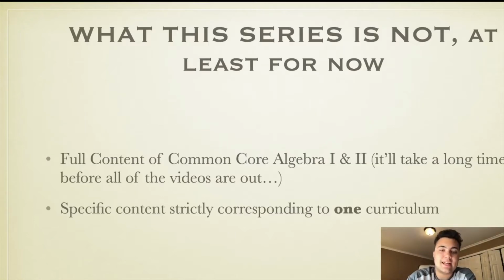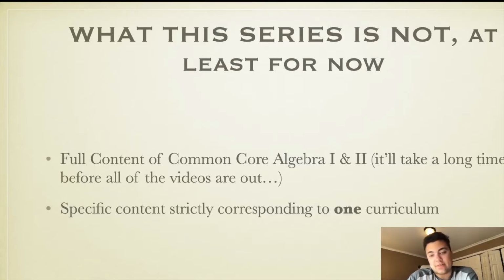What this series is not, at least for now, is the full content of Common Core Algebra 1 and 2, and that's just because it will take too long to get everything out. So eventually it might be, but for the time being it will not get through the full content, because there's a lot of it, and that's why algebra classes tend to go pretty quickly. Common Core is pretty harsh, there's a lot to cover. I'm also not sticking specifically to one curriculum.